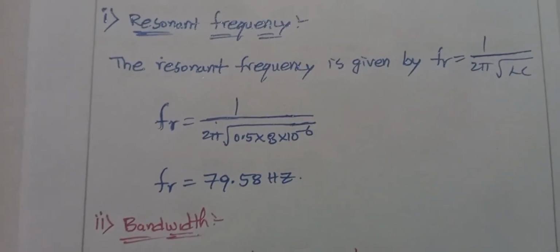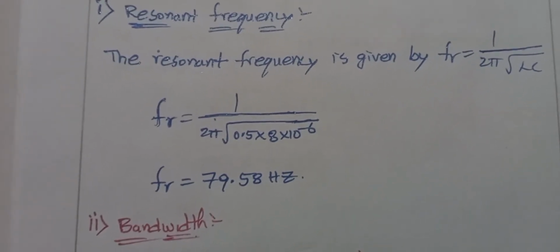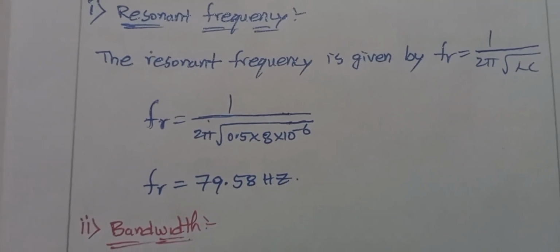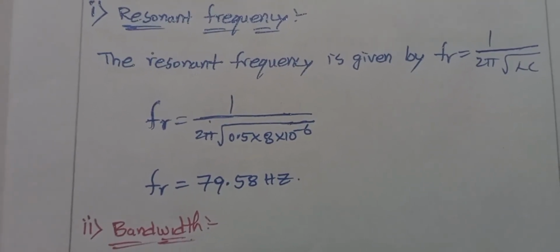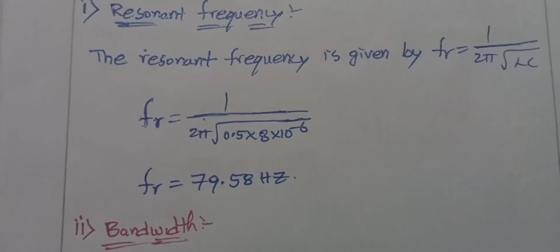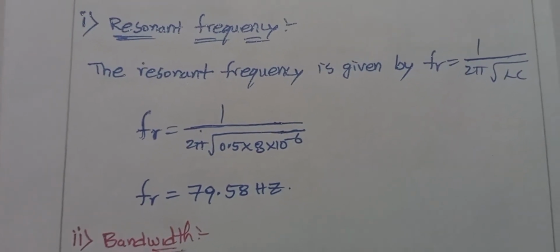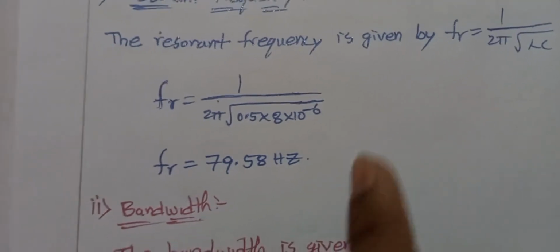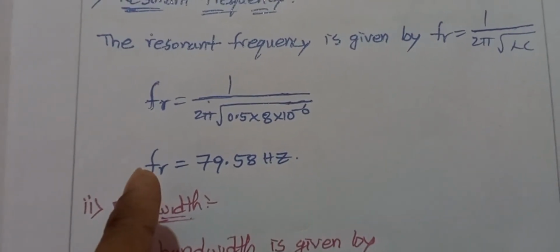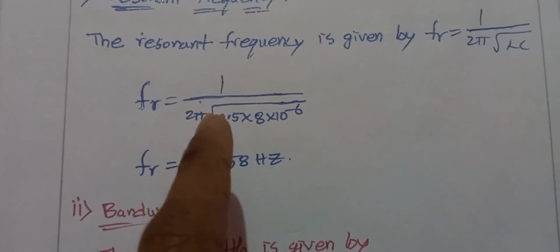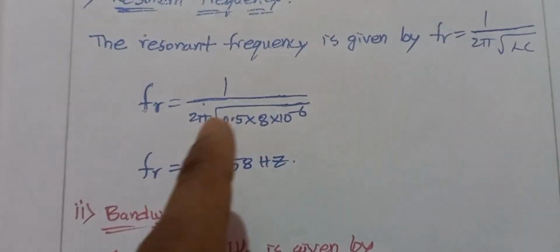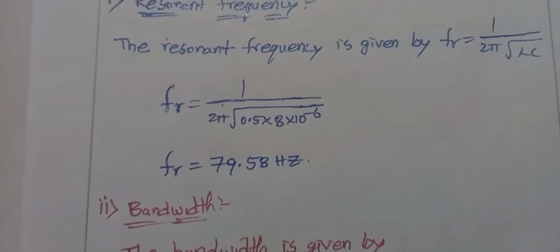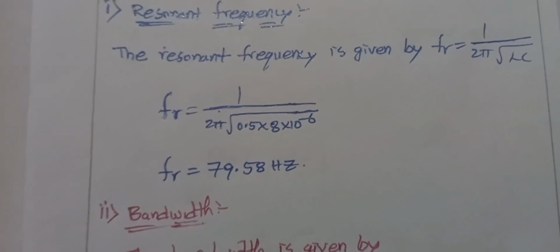So based on that formula we are going to calculate here resonant frequency FR equal to 1 by 2 pi root 0.5 into 8 into 10 to the power of minus 6, because capacitance is 8 microfarads, 8 microfarads in the sense 8 into 10 to the power of minus 6. So then directly we can take these values in a scientific calculator. Then we can get resonant frequency FR equal to 79.58 hertz.